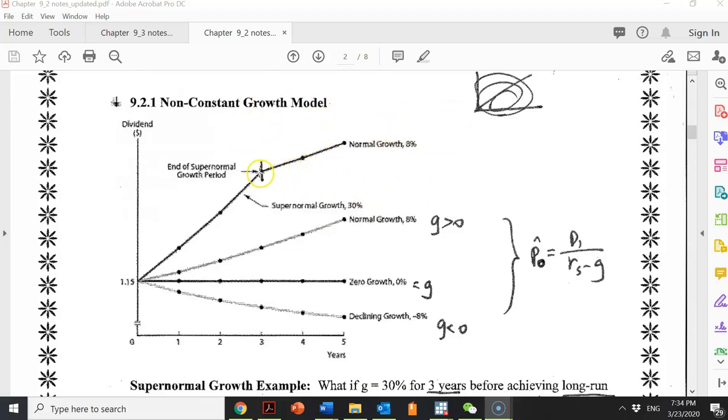But in the first stage, we have to discount the dividends one by one because it has a much higher growth rate. The dividing point of the two stages we will call the horizon date, and it is at the end of the supernormal growth period and the beginning of the regular growth period.